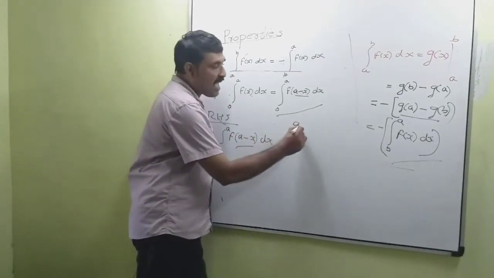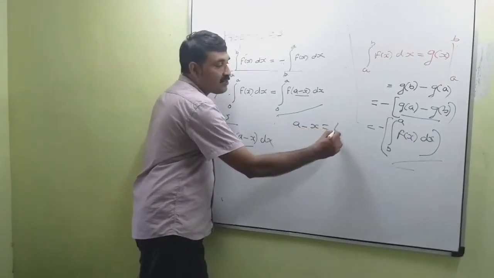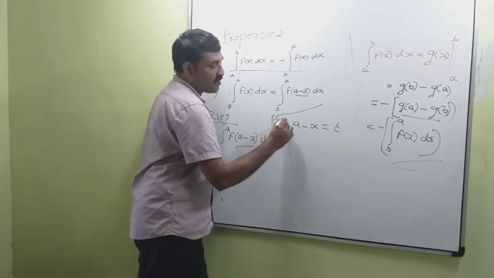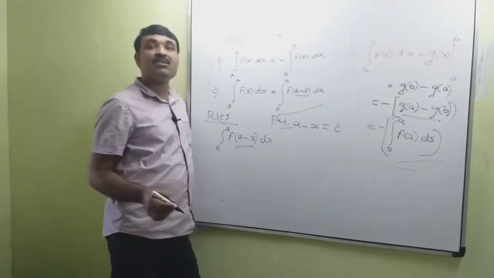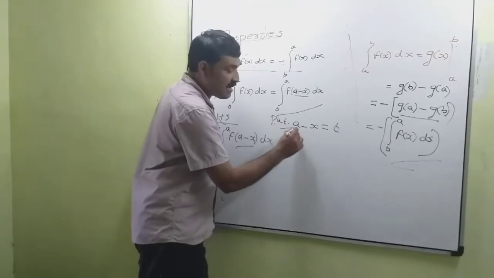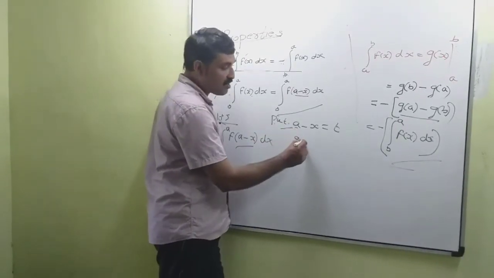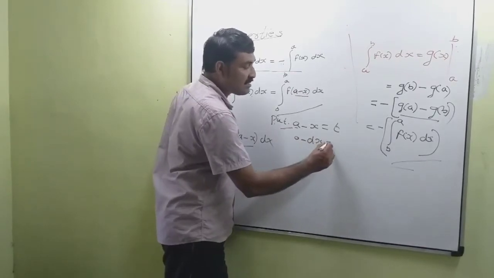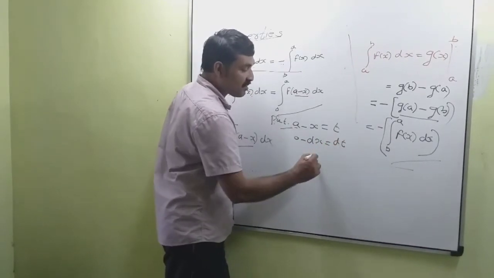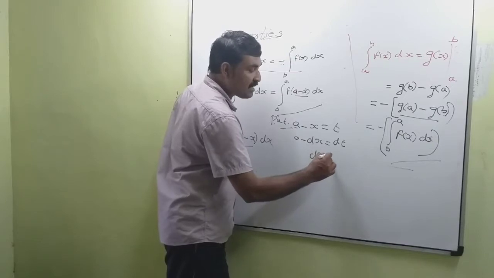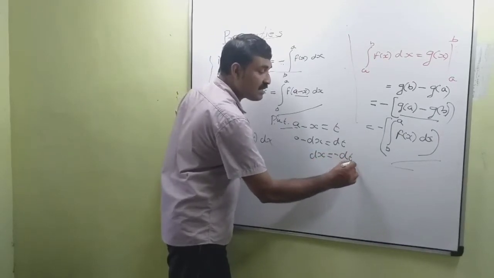Now differentiate both sides of this equation. a is a constant, so the derivative of a constant is 0. Minus dx is equal to dt. So dx can be replaced by minus dt.